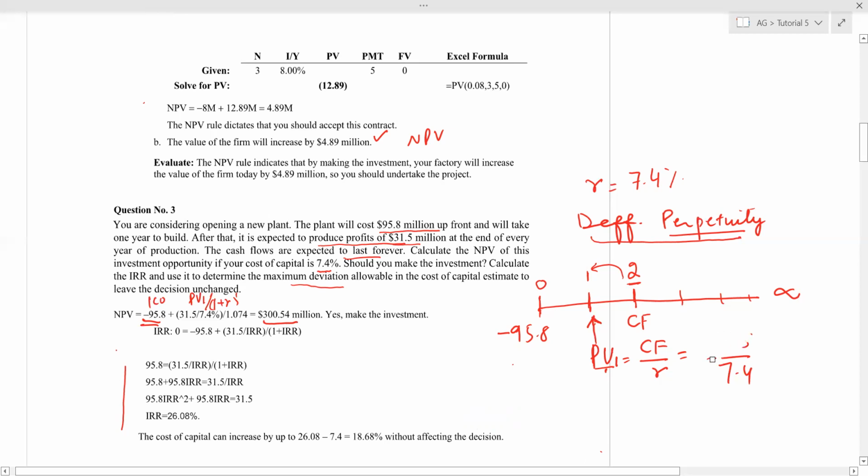So the formula will remain the same, because the question is asking us, and we know that at IRR our NPV is equal to 0.